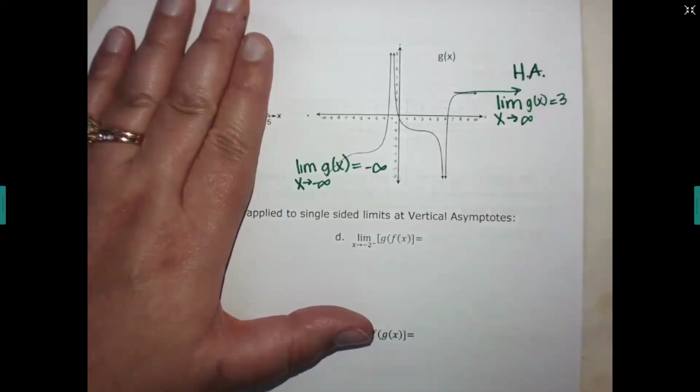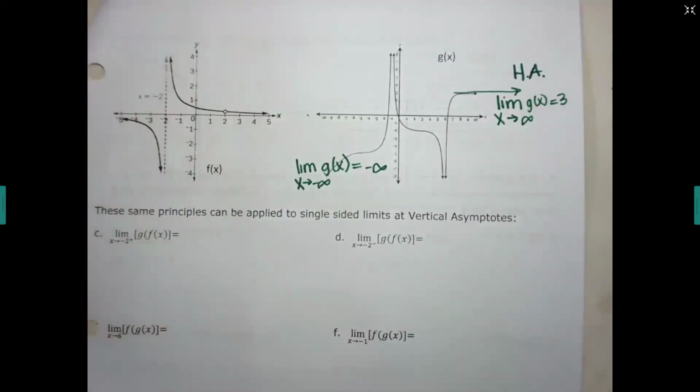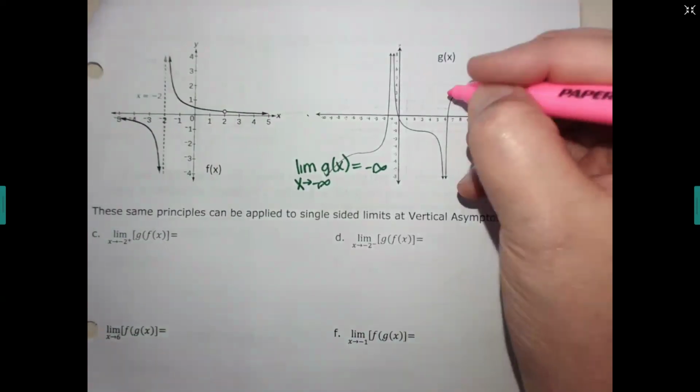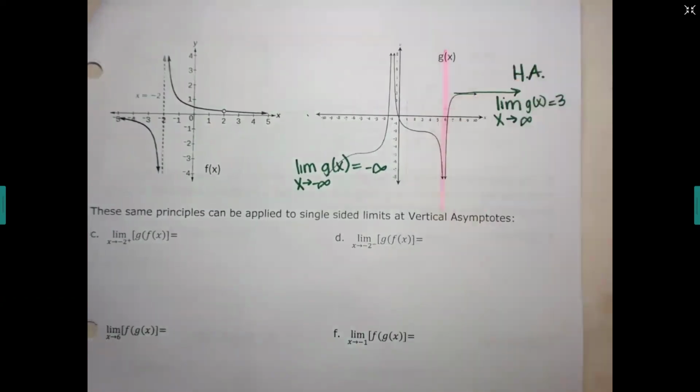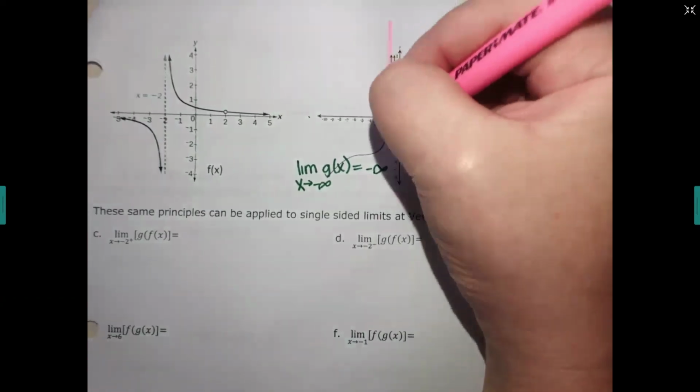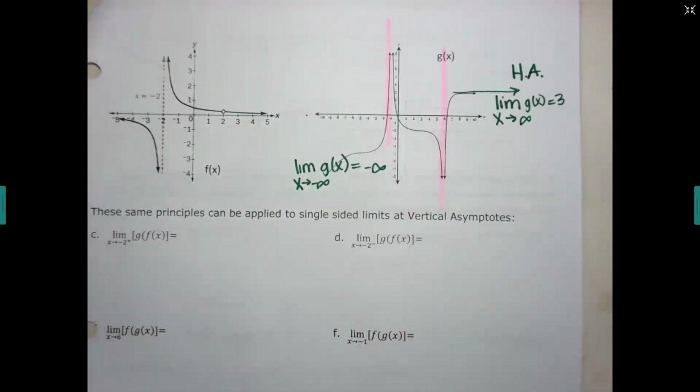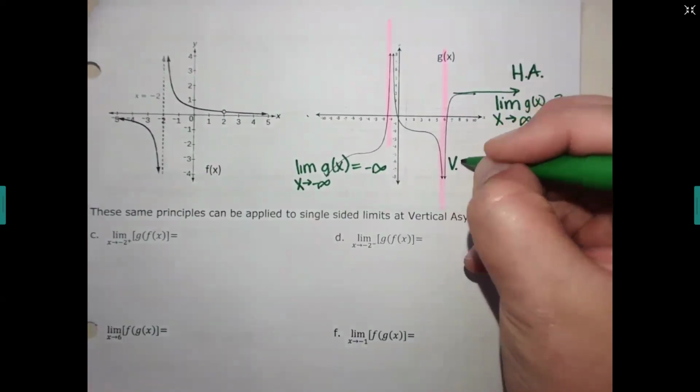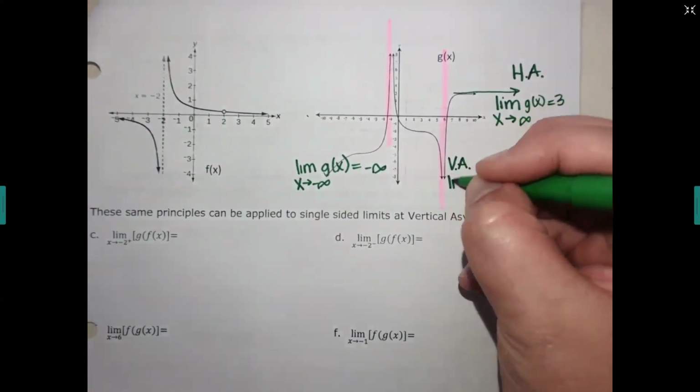Okay, this graph has two vertical asymptotes. So draw those in for me. I have a vertical asymptote here at 6, and then I have another one here at -1. Let's do the 6 one first. Put VA for vertical asymptote. LIM for limit.